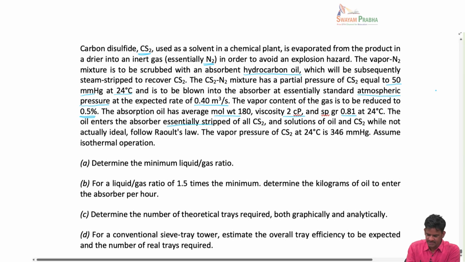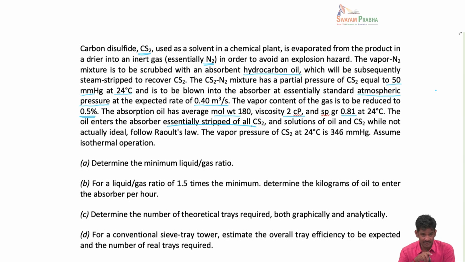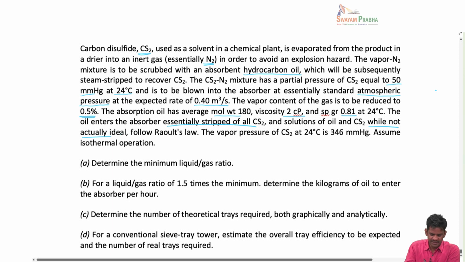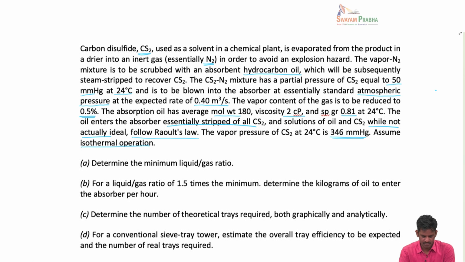So that's what this means. And the solutions of oil and CS2, while not actually ideal, follow Raoult's law. Okay, so this sentence is not really important for us, but we can say that this follows Raoult's law, and the vapor pressure of CS2 at 24 degrees Celsius is given, and then assume the operation to be isothermal.